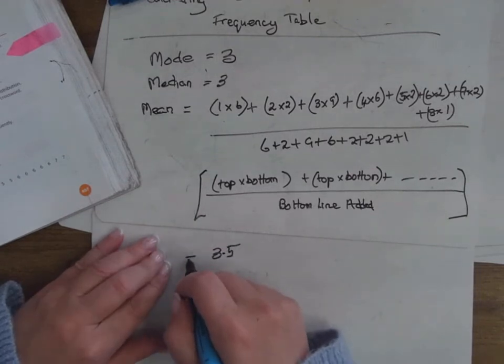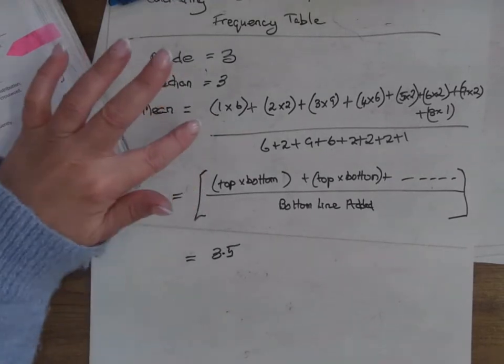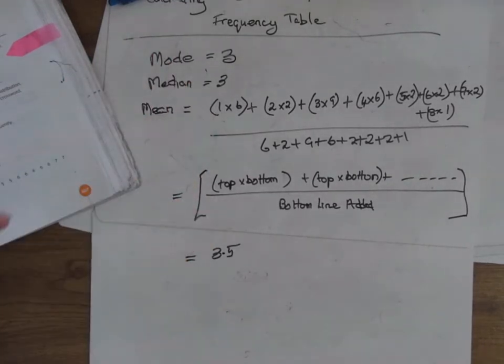Anyway, we'll pretend that's the answer, okay? So when you type the whole lot there, you get 3.5. So the mean age at the party is 3.5. So on average, the middle age at the party is 3.5.